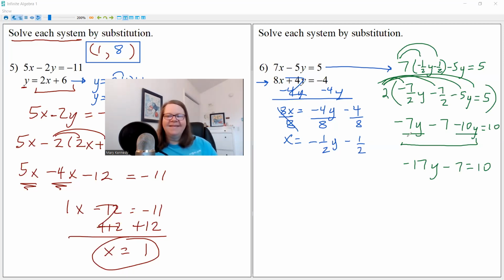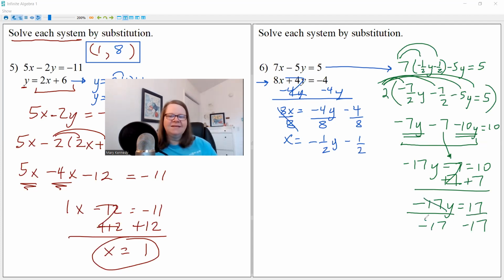So I added like terms. I got negative 17y. I brought down the minus 7 and brought down the equals 10. I'm going to add 7 to both sides. Negative 17y equals 17. Divide by negative 17.